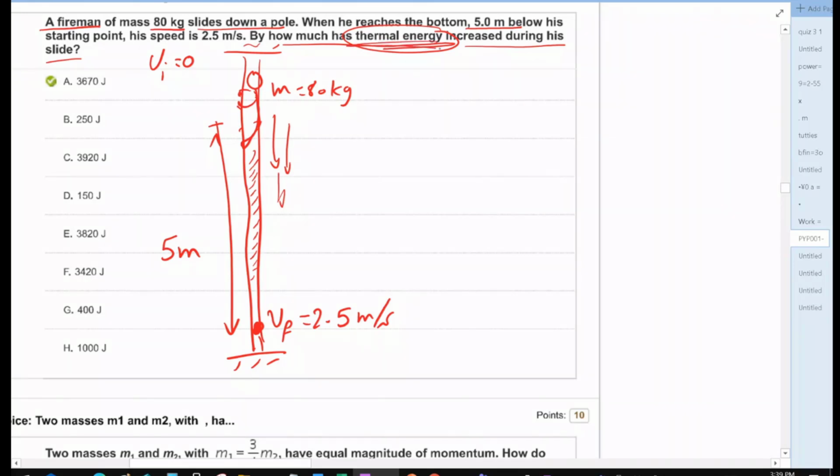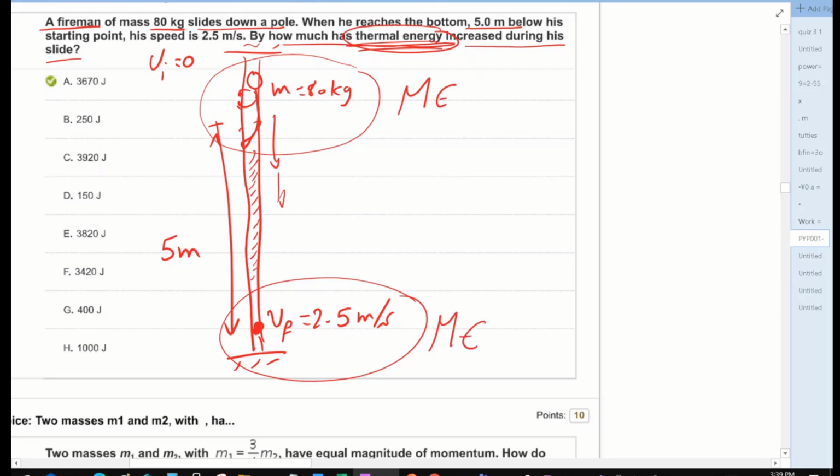This energy is in the form of thermal energy in general. So how much energy is lost? Let's calculate the mechanical energy at the beginning and the mechanical energy at the end, and let's subtract them. The difference is the loss by the friction, which is thermal energy.